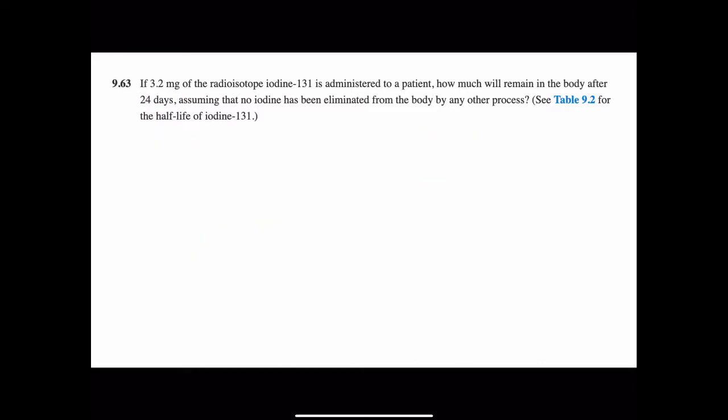Now, another way to solve this problem, which I think is more complicated, would be to start out with the 3.2 milligrams. Since we know that 24 days is equal to 3 half-lives, we can divide it into 3 different times. So if we took the 3.2 and multiplied it by a half, or divided it by 2, this would be the first half-life. 3.2 divided by 2 gives me 1.6 milligrams.